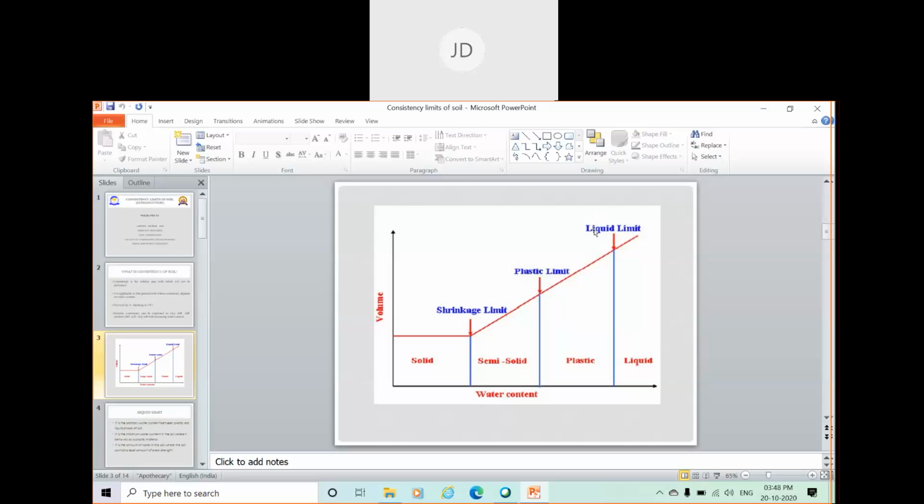You can also go to the student portal for the laboratory test to determine the liquid limit of soil, and also to find out how to determine the plastic limit of soil in the laboratory. All the details, the standard procedure and reference video link are given in your student portal. Please go through the video and the standard manual.